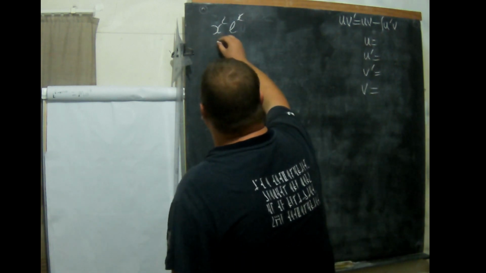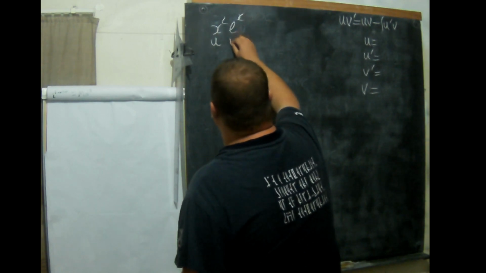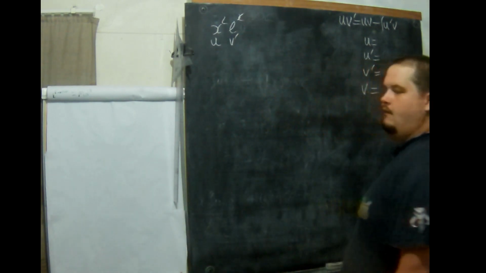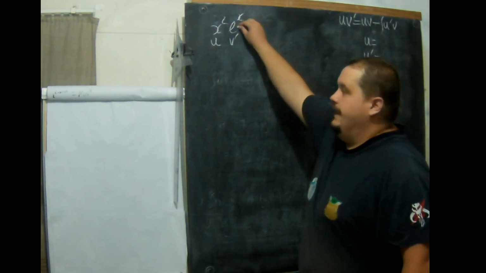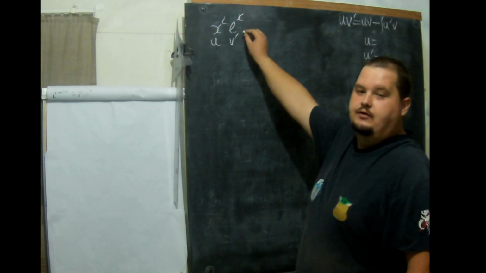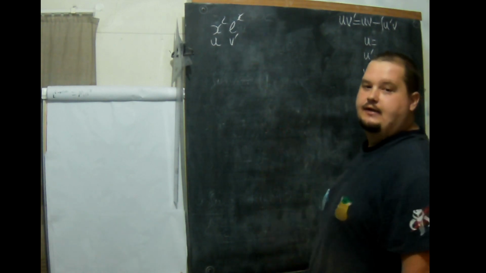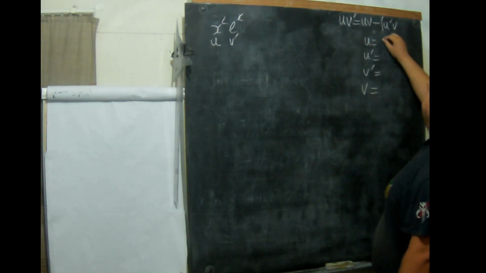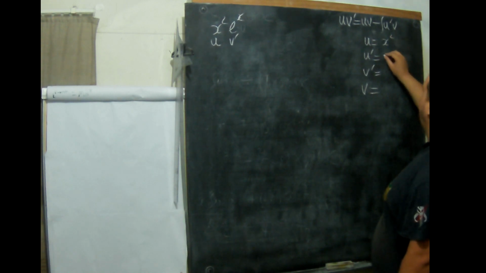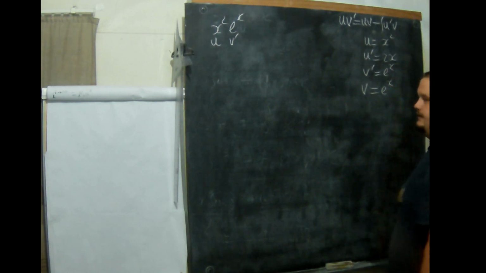Now in this case, u is x squared and e to the x is v prime. Now, as we know, e to the x, no matter what you do to it, whether you derive it or integrate it, it will always stay e to the x. So u is x squared, u prime is 2x, v prime is e to the x, and v is e to the x.